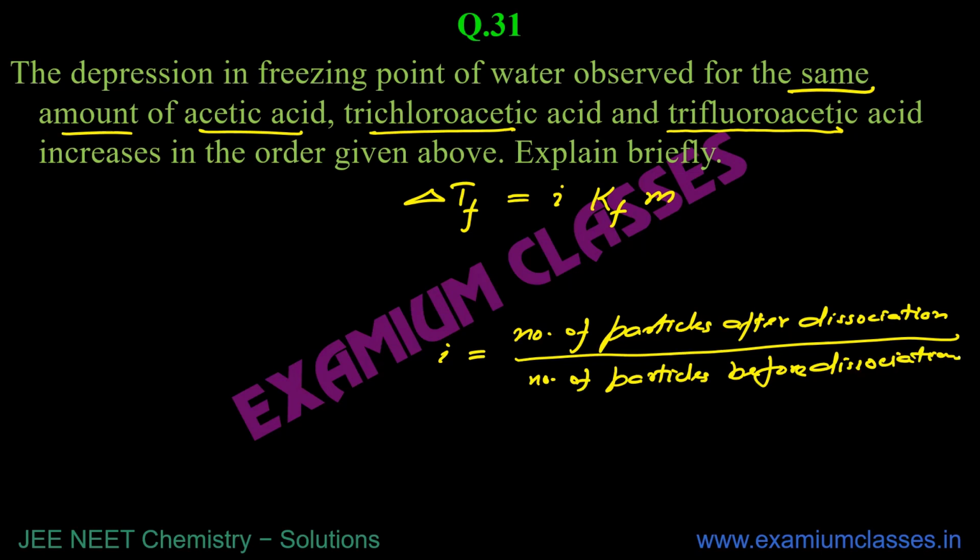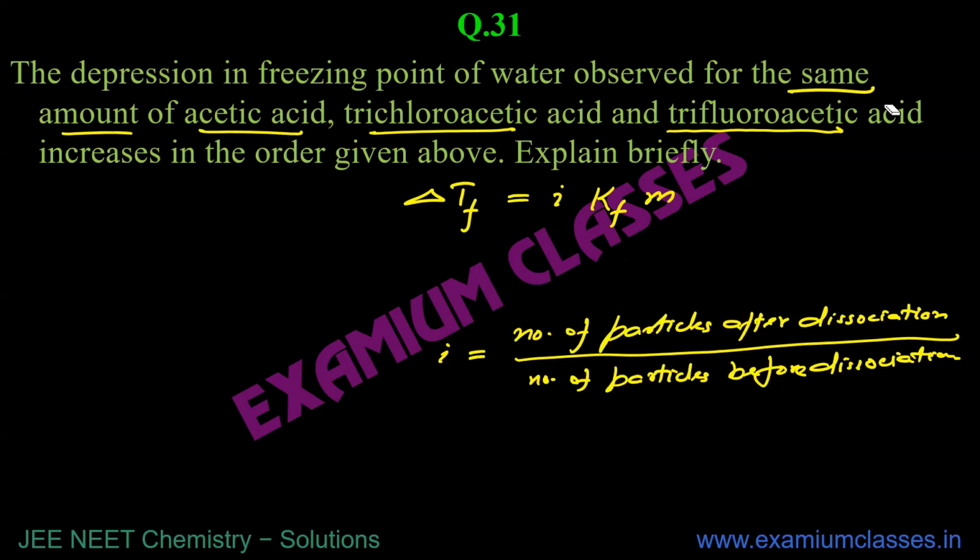So if you can prove that in this case there will be maximum ionization, your answer will be correct. And that is actually based on the strength of the acid.